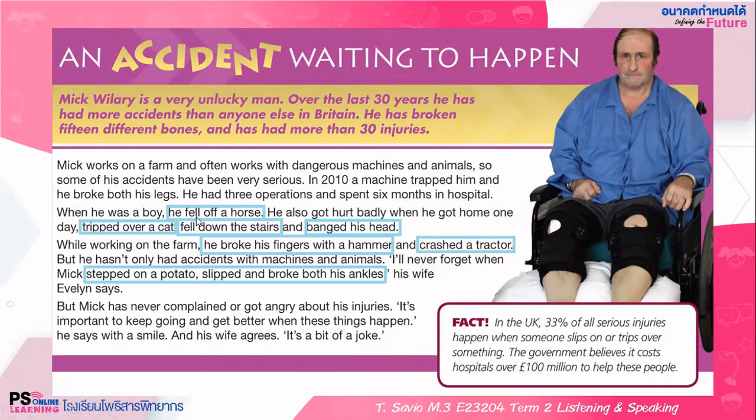So, he fell off a horse. Mick tripped over a cat. He fell down the stairs and banged his head. He broke his fingers with a hammer. He crashed a tractor. And he stepped on a potato, slipped and broke both his ankles.